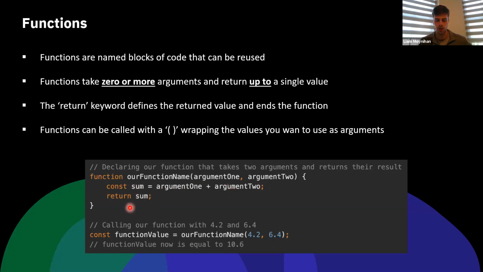And we'll return sum. So down here, when we call our function, we just give the function name. And then here we're going to pass 4.2, which is going to be equal to argument 1, and 6.4, which is going to be equal to argument 2. So now function value is going to equal 10.6.